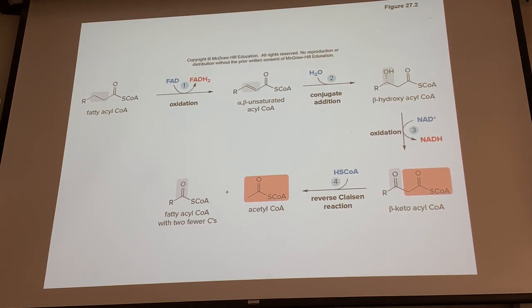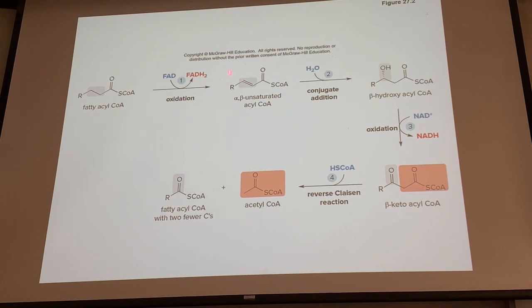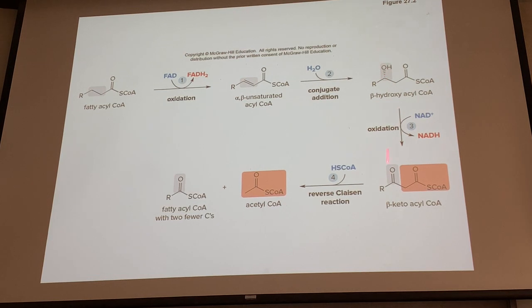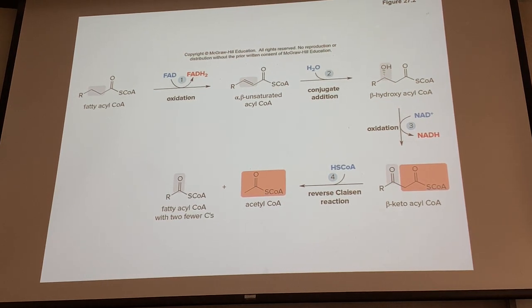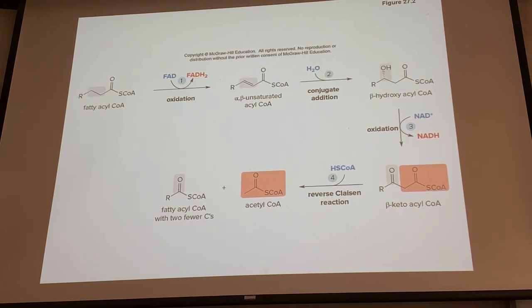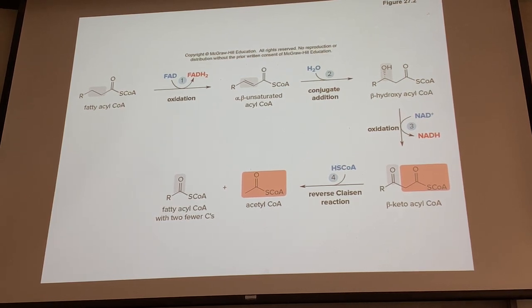There are two oxidation steps in the pathway: the oxidation to form the double bond, and the oxidation to convert the alcohol to a ketone. In each of those oxidation steps, one of our reduced coenzymes is produced. And as we mentioned earlier, those reduced coenzymes are also energetic molecules; through the electron transport pathway, they can release energy.